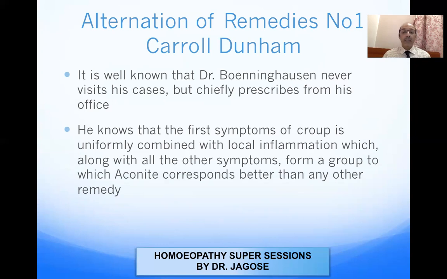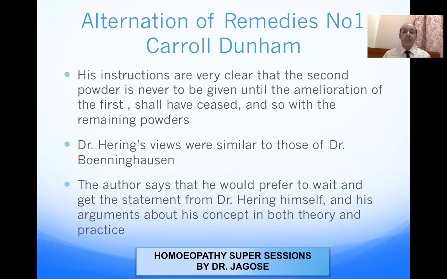So therefore, in case of croup, where there is local inflammation and other symptoms, they correspond with aconite, according to Dr. Bonninghausen's experience. His instructions are very clear that the second powder is never to be given until the amelioration of the first shall have ceased, and so with the remaining powders.